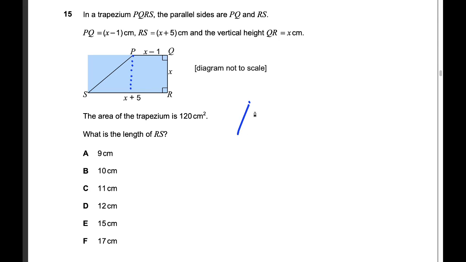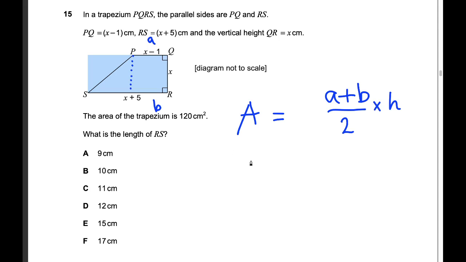Area is equal to A, which is my top length here, plus B, which is my other parallel side along the bottom, divided by 2, times the height.